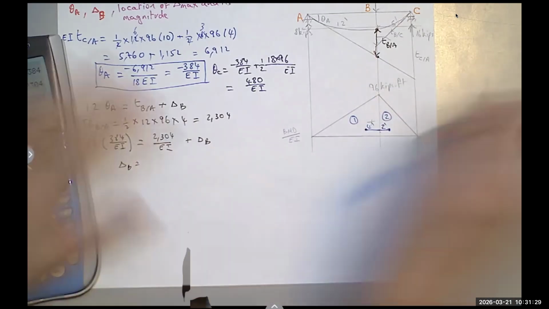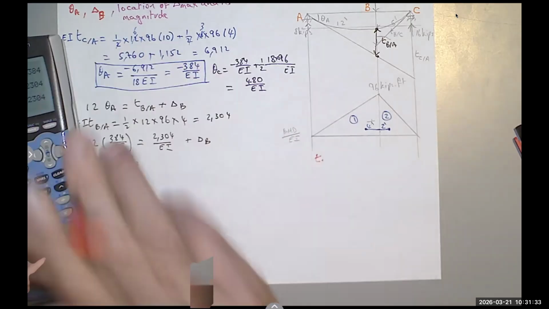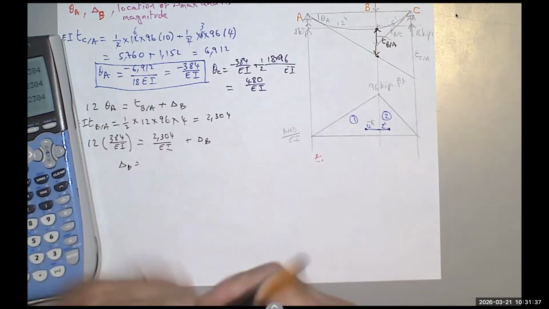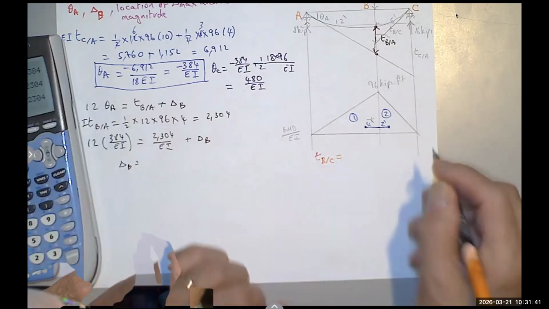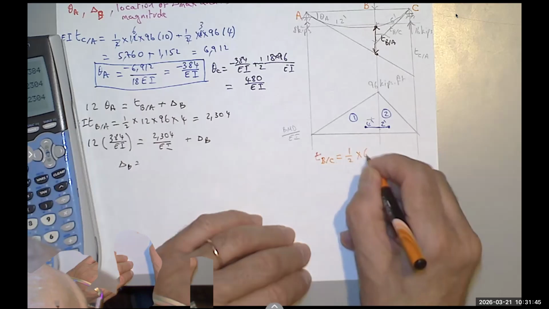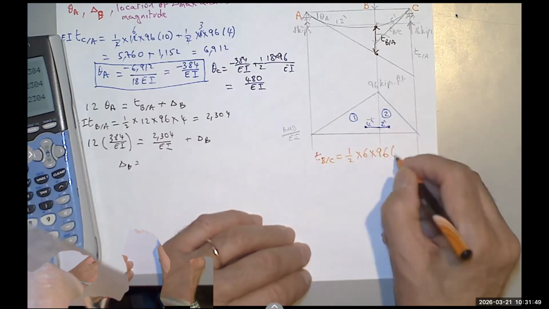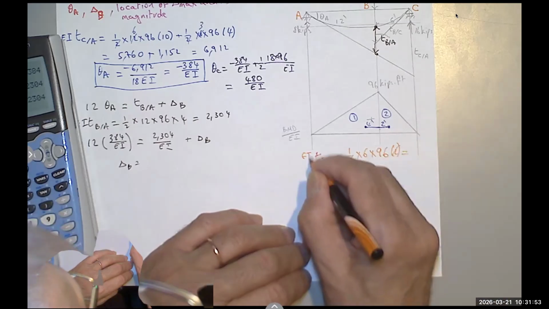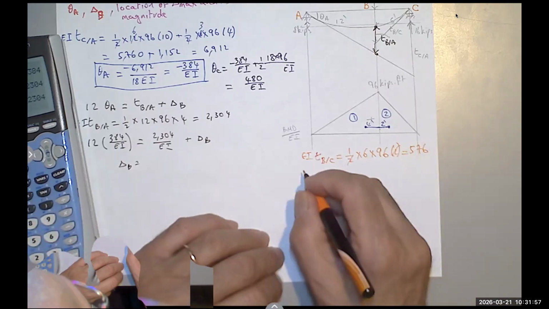So just to check our answer, TB with respect to C equals the area of that, which is 1/2 times 6 times 96 times 2. The 2 and the 2 cancel, and this would give me 576.